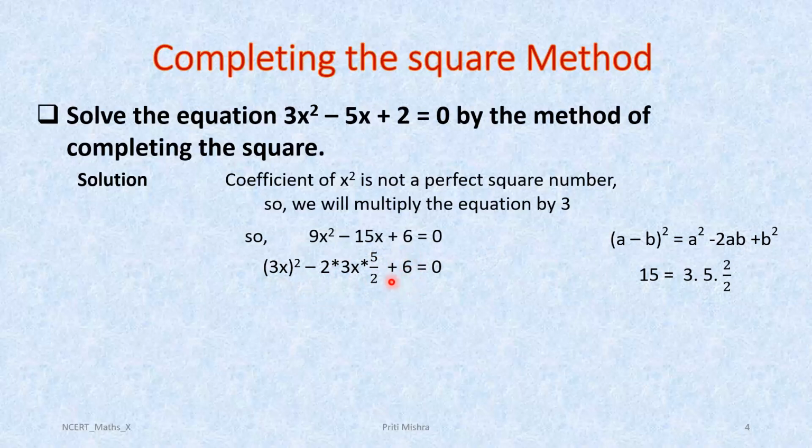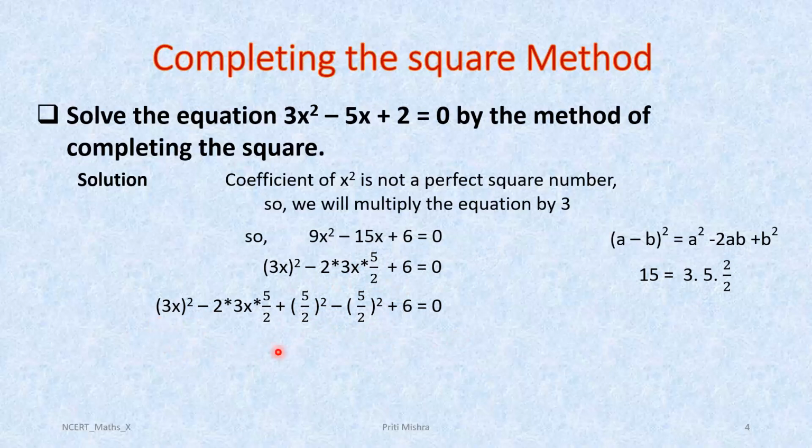As we need to convert this equation in the form of square identity, we need the third term in the form of a square. So third term means B, and we are seeing that 5 by 2 can be B here. So now what we will do, we will write plus 5 by 2 whole square as well as minus 5 by 2 whole square in order to make no difference in the given equation.